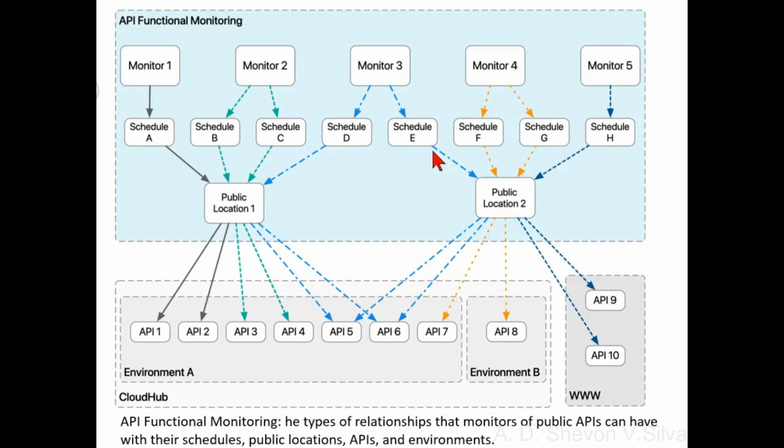Here you can see the types and relationships that monitors of the public APIs can have with their schedules, public locations, APIs, and environments in API functional monitoring.